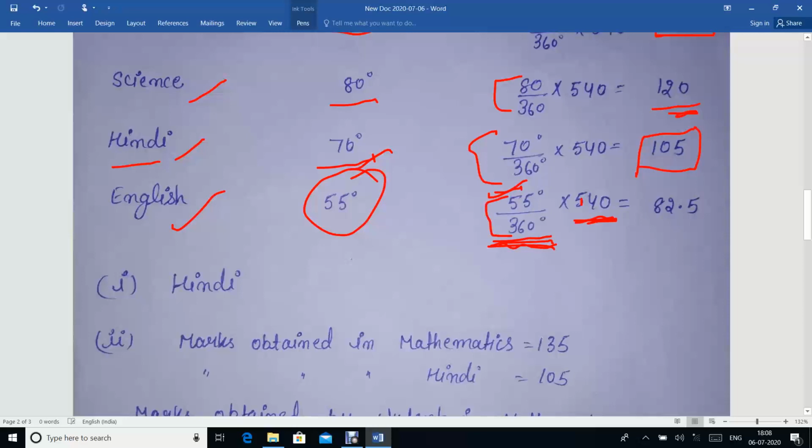After solving that, you will get 82.5, means he got 82.5 marks in the subject English. I hope all of you understand this table.